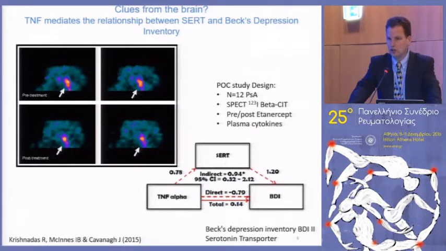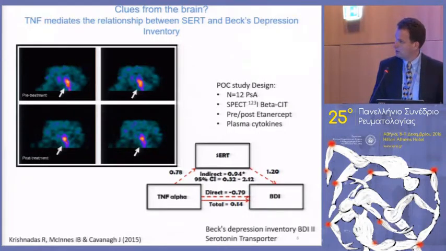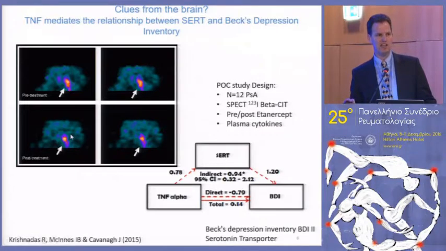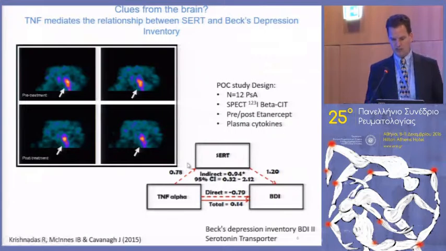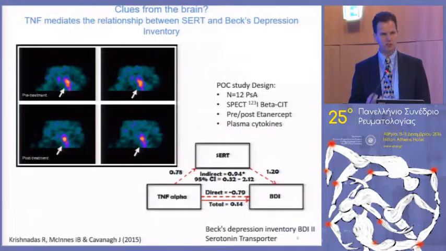And when we actually looked at serotonergic function in the brain, and this is SPECT scanning in the brain, I don't know if you can see it in this light, but if you look here, pre-treatment above, post-treatment below, there is more orange colour here than there is here. And it turned out that that was the case in every patient. And when we then looked, and this is a statistical analysis that allows you to look at the Beck's Depression Inventory.